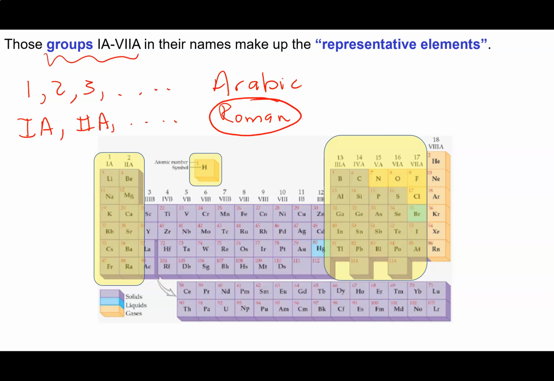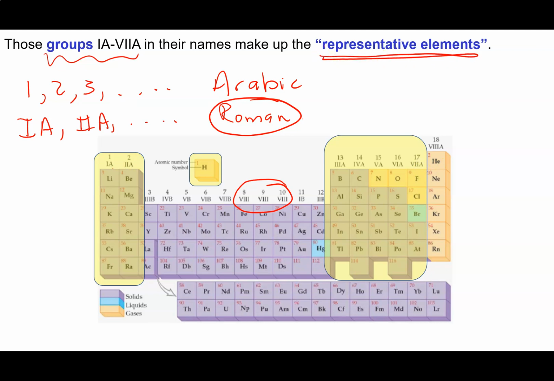And you see that when we use the Roman numerals, we also normally use a letter. There's a few examples where we don't in the middle of the periodic table here, but generally we use a letter, and that letter is either A or B. So the groups that are labeled 1A through 7A that I've highlighted there have a name that you should know.